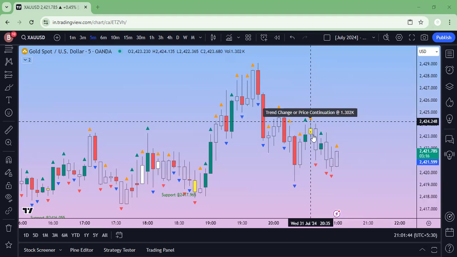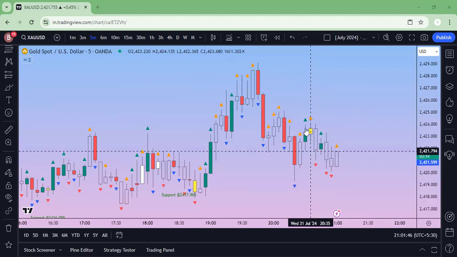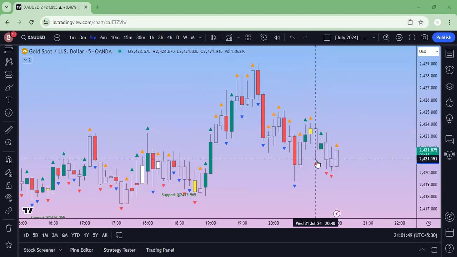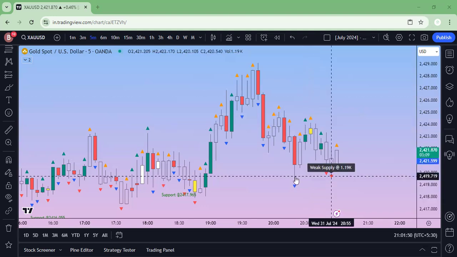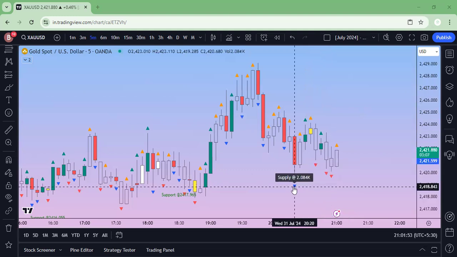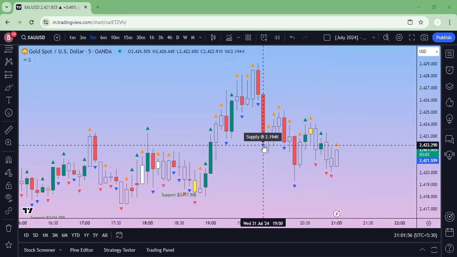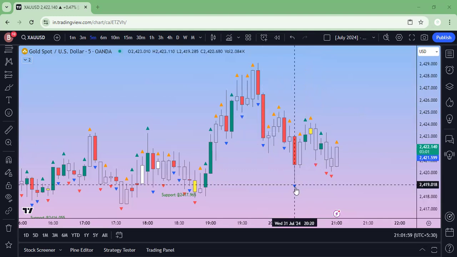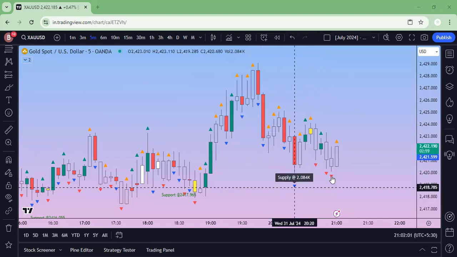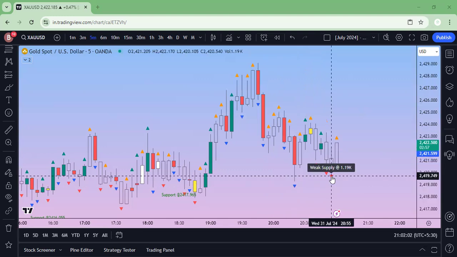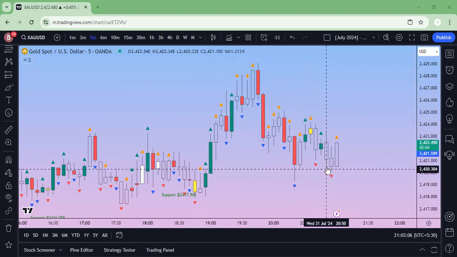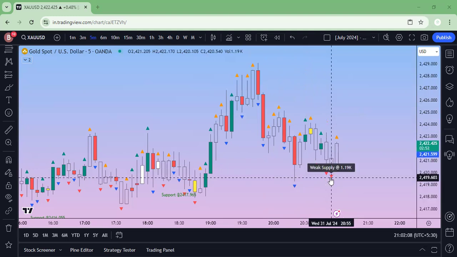Once it closes, it will not repaint. So here it was clear that either the price would go upwards or come down. Now you can see as we are approaching the supply level, this supply is 2.14, 2.19, and here you can see 2.08. And now we are approaching here, there is 1.19. So this is suggesting to us that supply is getting weaker.